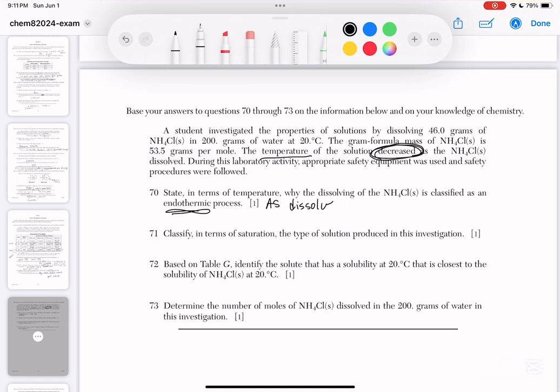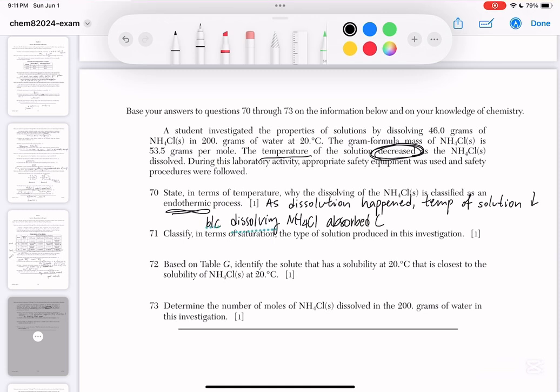So as the dissolution of ammonium chloride happened, the temperature of the solution decreased, which indicates that while the dissolving happened, the system was absorbing energy from its surroundings, and that is exactly what an endothermic process is. Endothermic processes take away energy from their environment in order for the reaction to happen. So the dissolving of ammonium chloride absorbed energy, thus decreasing the temperature of the solution.